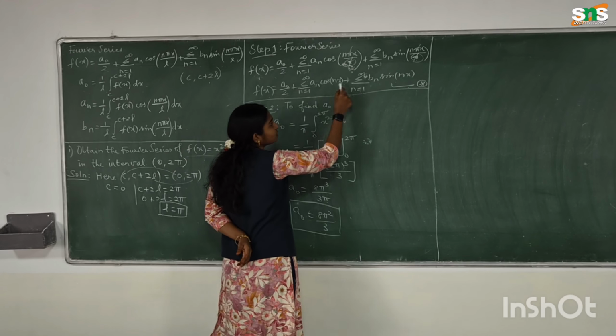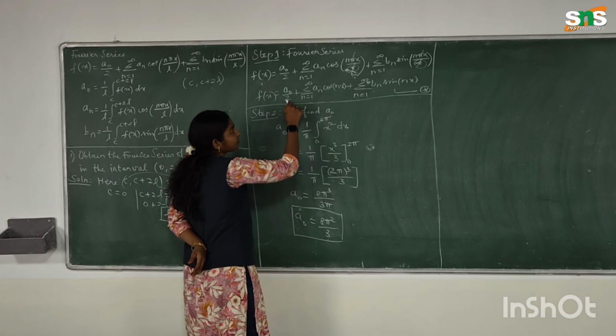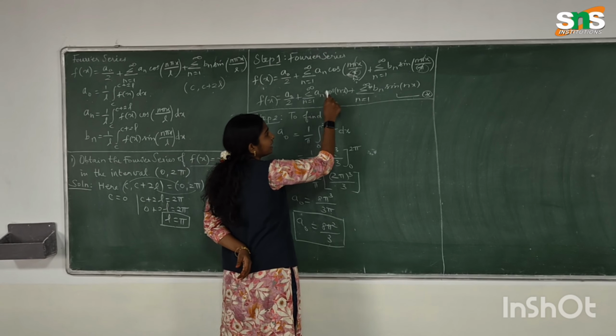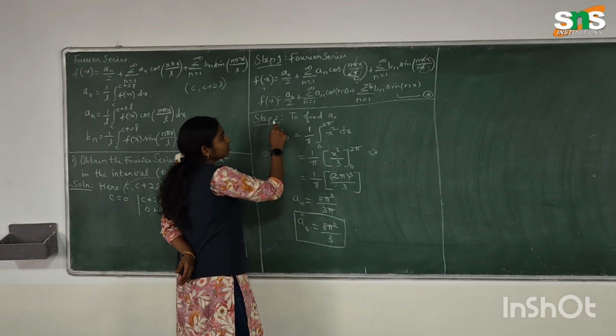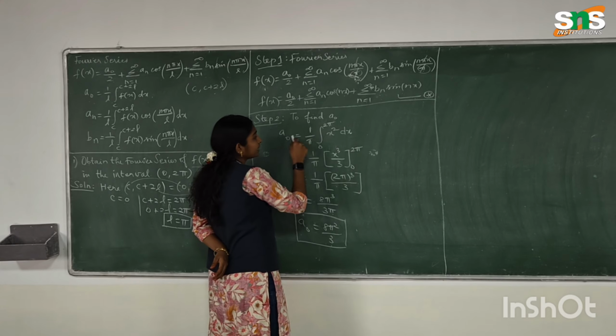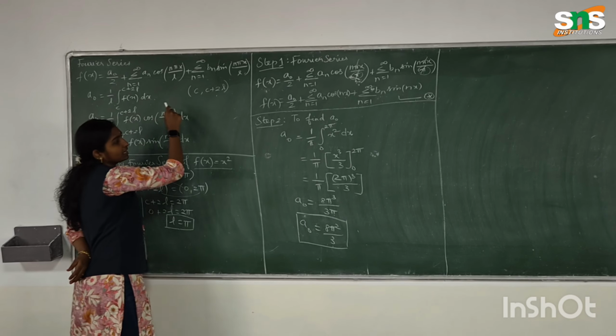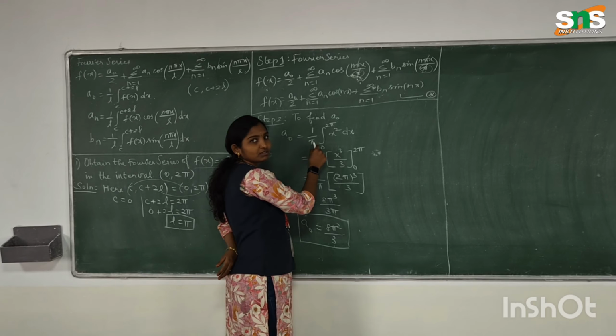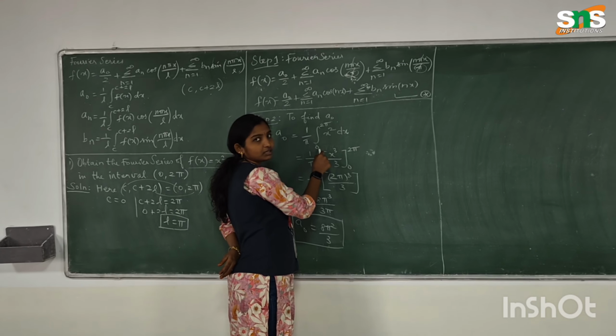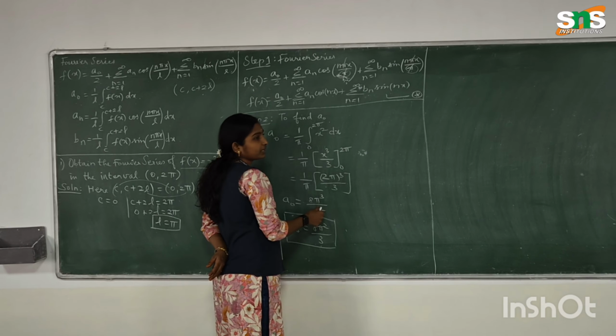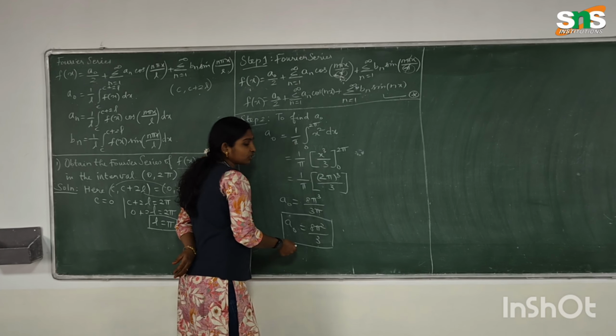So this will be the Fourier series expansion of the given problem, and you are about to find a0, an and bn. Now what is a0? To find a0, a0 is equal to 1 by l integral c to c plus 2l f of x dx. In a similar way, we are substituting the value of l here and the limit 0 to 2 pi and simplifying it to find the value of a0 as 8 pi square divided by 3.